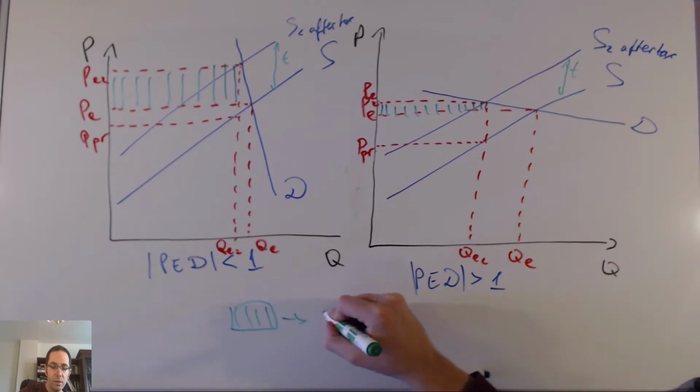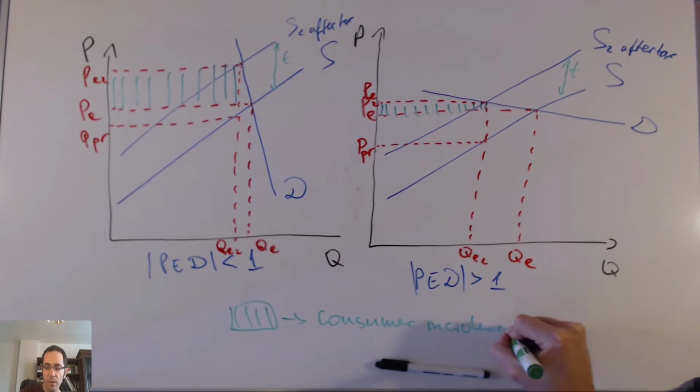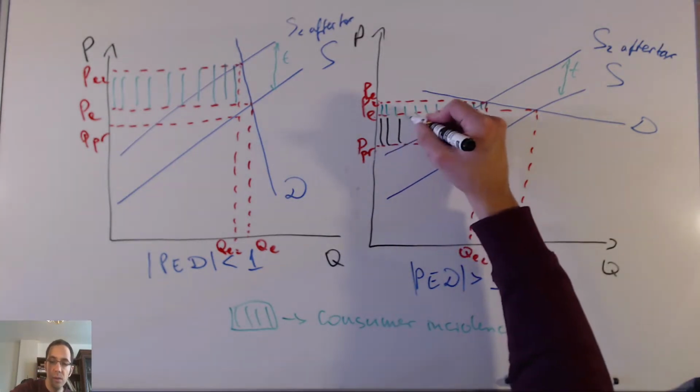So this is the consumer incidence, and we can tell that when the price elasticity of demand is elastic, the consumer incidence is relatively small, and when the price elasticity of demand is inelastic, the consumer incidence is relatively high. Again, that makes sense because of the inelastic nature of these goods, or because of the lack of available substitutes. We can also show the producer incidence. It will be this area.